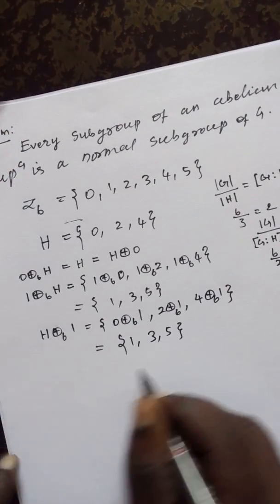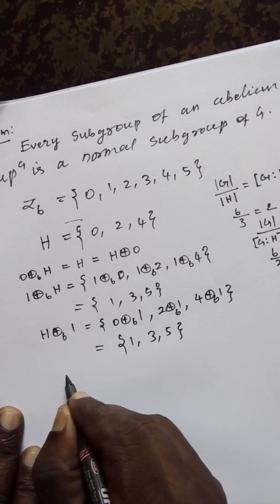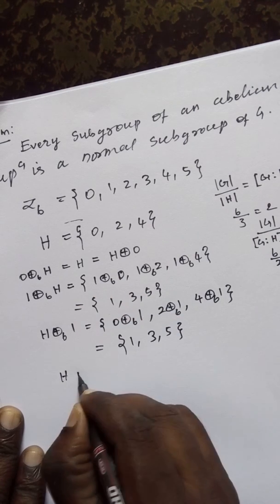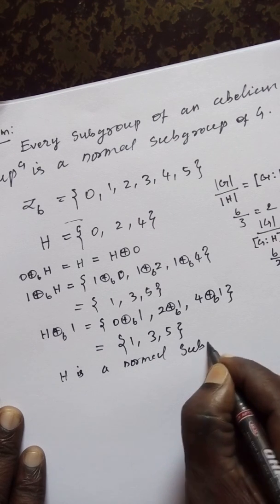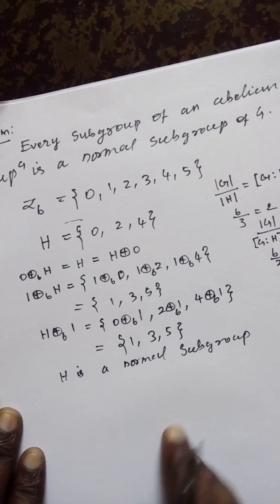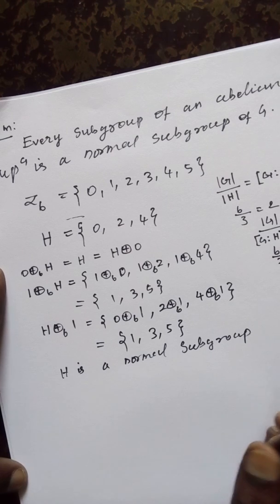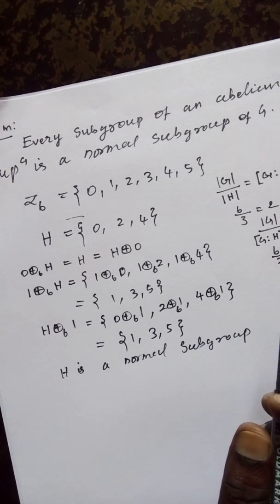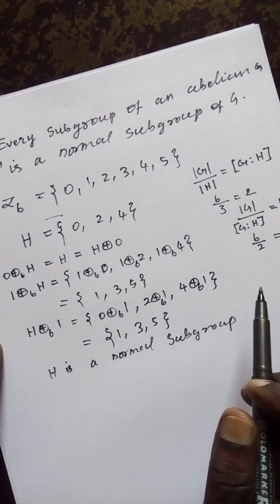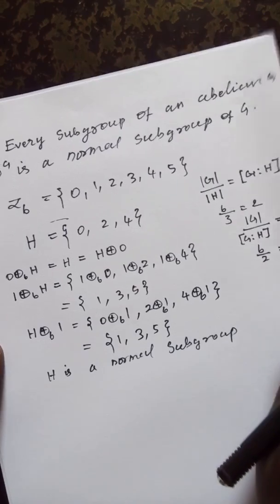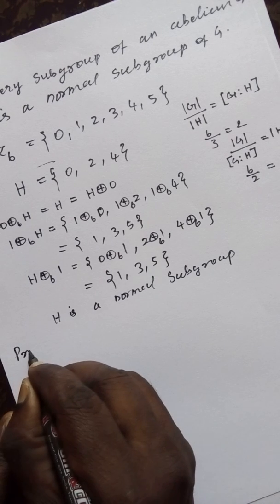Here the left coset equals the right coset. So H is a normal subgroup. H is a normal subgroup. Not only here, you can take any subgroup from the abelian group, which is a normal subgroup, which is the theorem. You have to prove the theorem. In general, the proof.